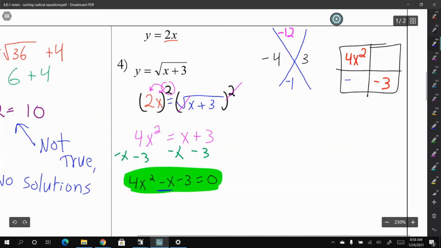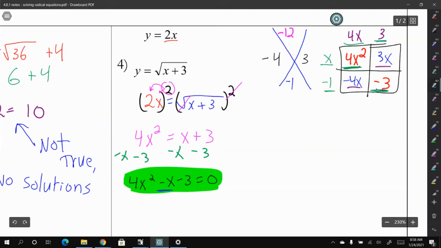And then -4x and 3x. So GCF of the first column is 4x. GCF of the second column is 3. And on the left side, 4x times x gives you 4x squared. 3 times -1 gives you -3.